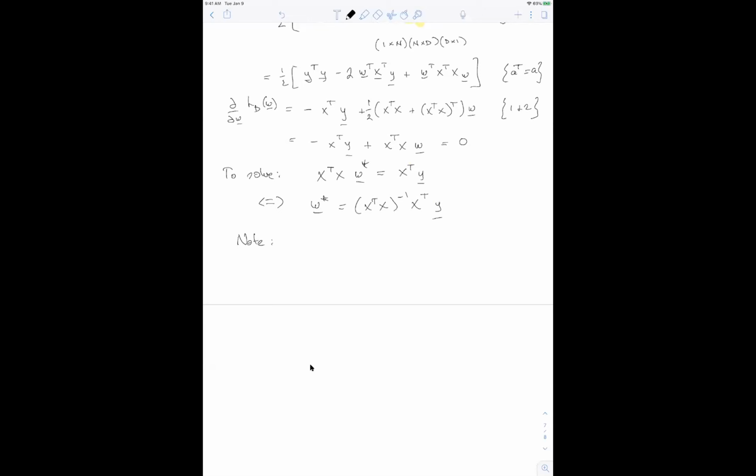Now, you can only take inverses if matrices are non-singular or full rank. And for that to be okay, we need the design matrix X to have full column rank.